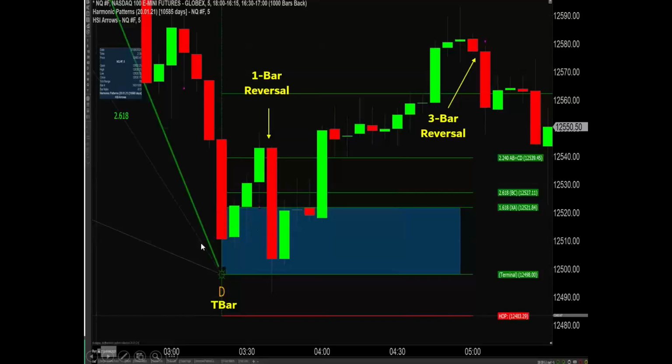Remember, this is very common where the terminal bar and the pattern is established and then specific little micro processes happen of a little divergence or a little confirmation happens. So there are specific things that happen before the reaction takes off, bar by bar.